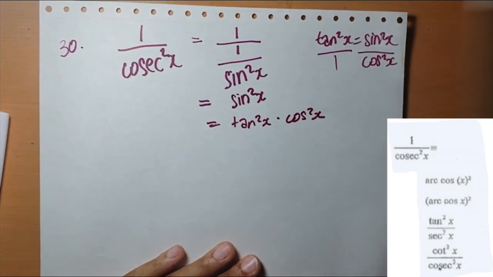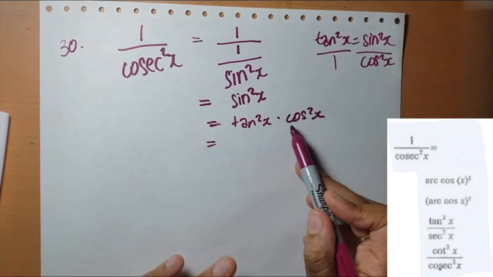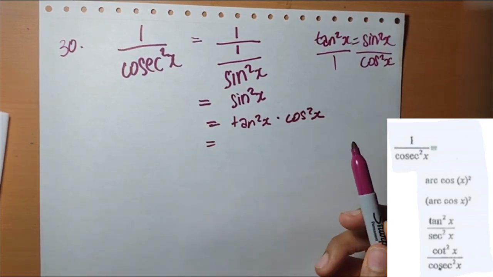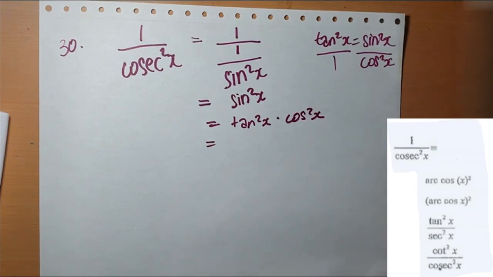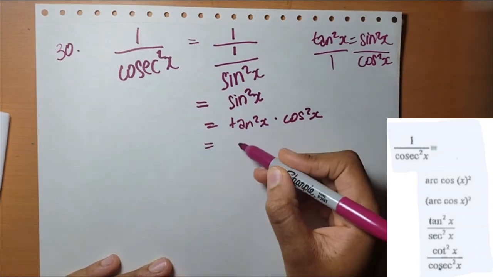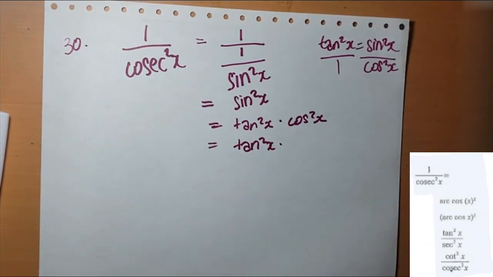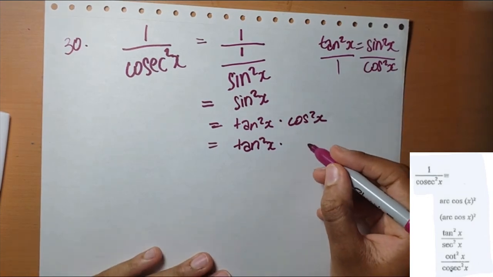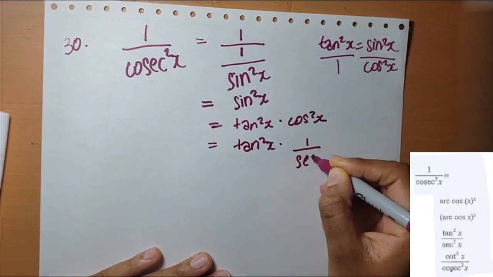Still I do not see that in the solutions. What I do see is tan, but I don't see a cos. What I do see is sec squared x, and I remember that sec squared x is equal to 1 over cos squared x. Therefore, remember that cos squared x is equal to 1 over sec squared x.